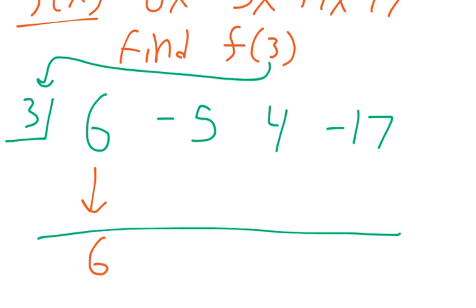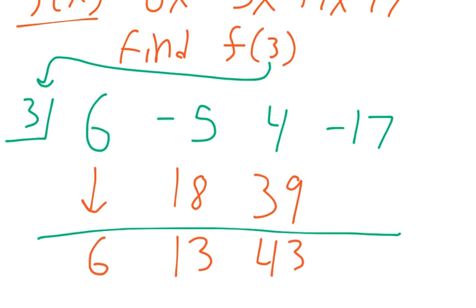So that 6 drops down, 6 times 3 is 18. Add negative 5 and 18, that becomes 13. 13 times 3 is 39. Add those together, and you get 43. Then 43 times 3 is 129, because 40 times 3 is 120, 3 times 3 is 9, add them together.